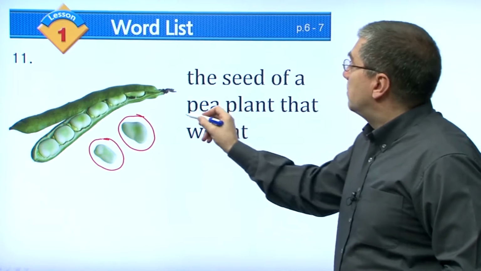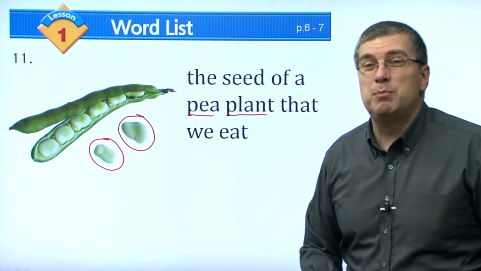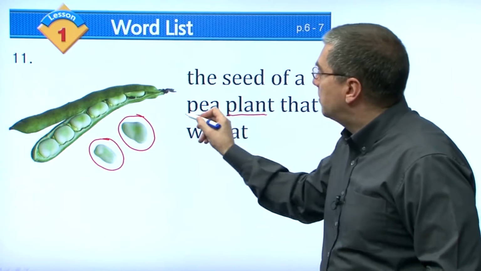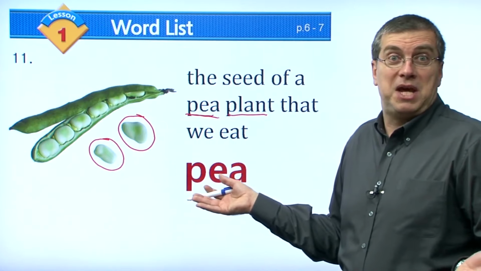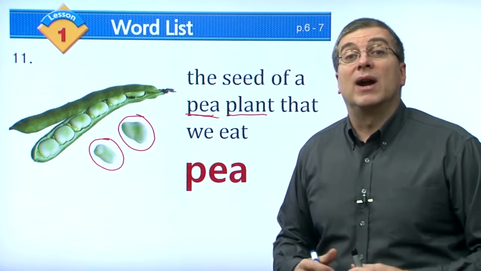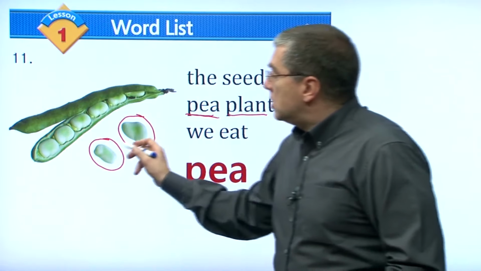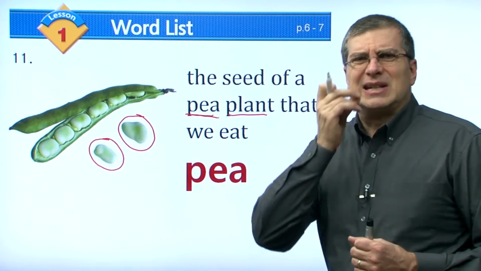The seed of a pea plant that we eat. Remember, pea plant, right? That's very easy because we say pea. It's a pea. Peas, eat your peas. Peas are very good for you. Now, usually we don't eat the seeds of a plant, like apple seeds.